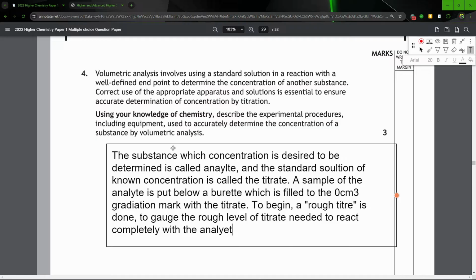I've already forgotten. Yeah, that'll do. This titer is ignored in the average.